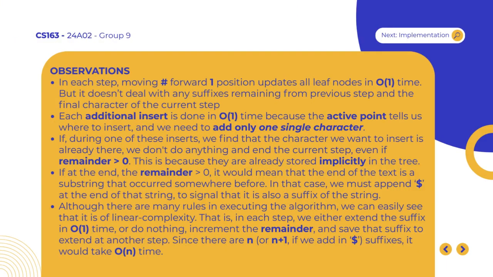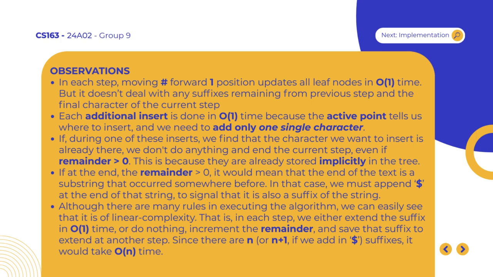So, what did we learn? In each step, moving the hash, or basically the position forward, updates all of the leaf nodes in O(1) time. But it doesn't deal with the suffix remaining from the previous step, and also the final character of the current step, because that is also a new suffix.